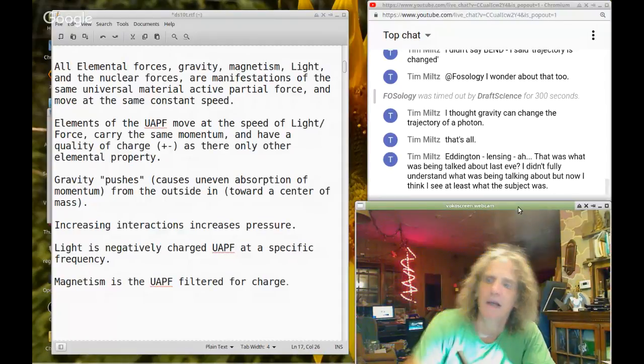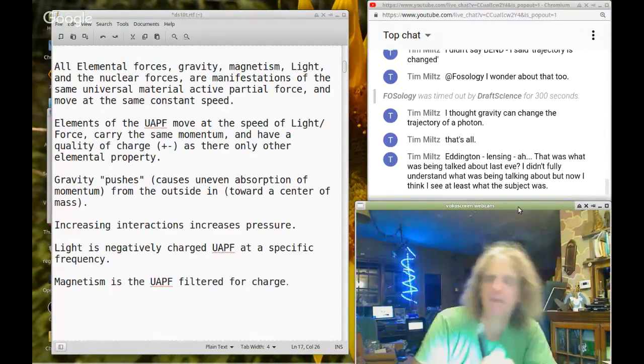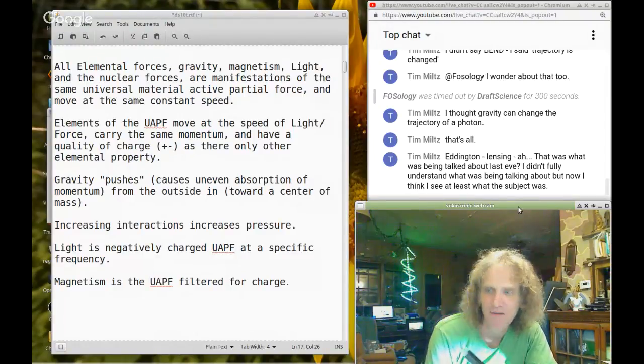Somebody did ask in my writing what UAPF means. Yes, that's universal active particle force.